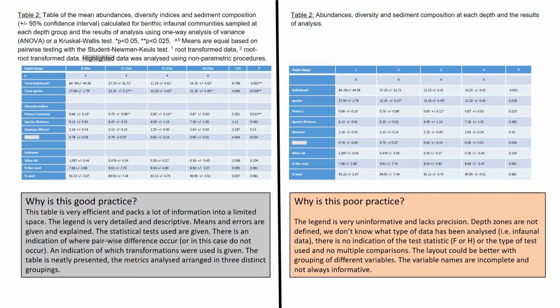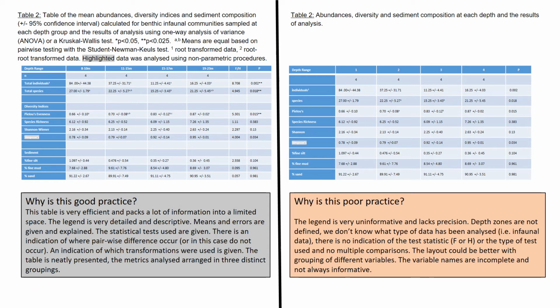That could be foreshortened to capital C, capital I. Calculated for benthic infaunal communities, so that's what the data is derived from. Sampled at each depth group, and the results of the analysis using a one-way analysis of variance, ANOVA for short, or a Kruskal-Wallis test.